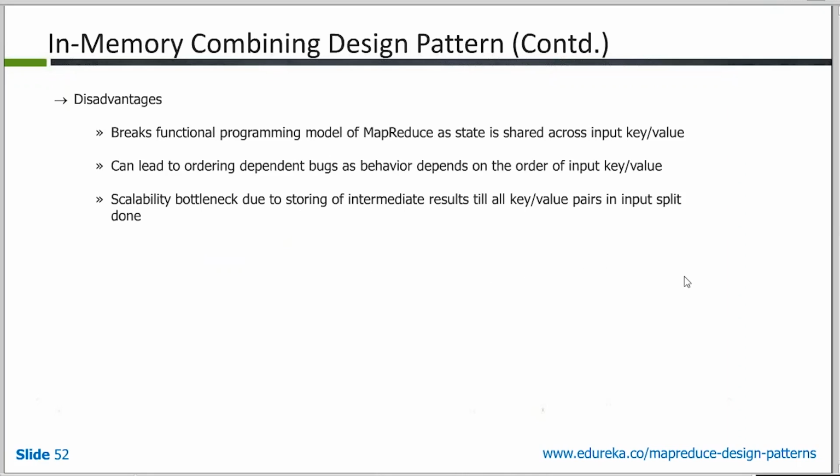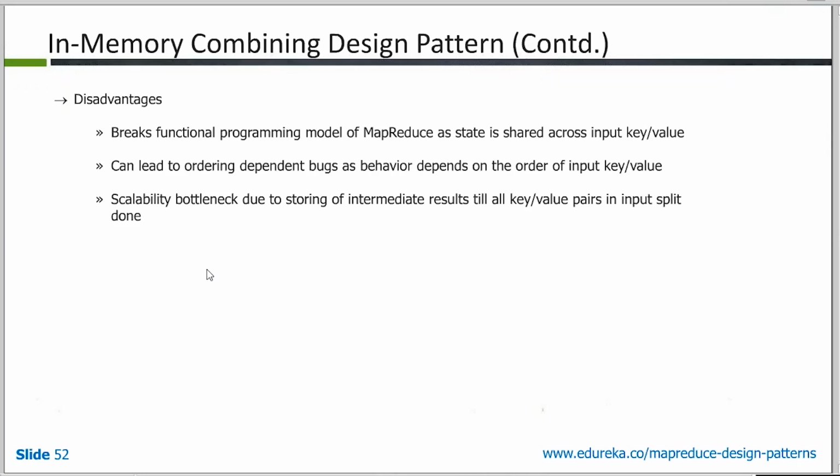There are certain disadvantages to doing this. The first is that MapReduce follows a functional programming model, and you're breaking this, because you are sharing state across two different input key value pairs when you shift the work into the mapper.